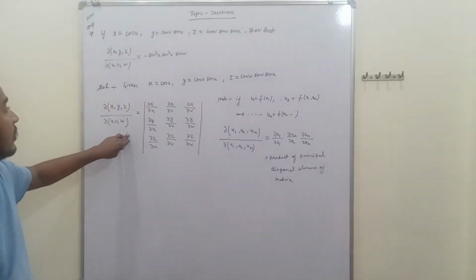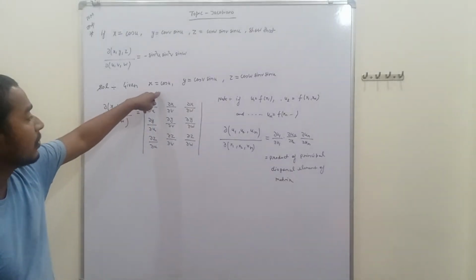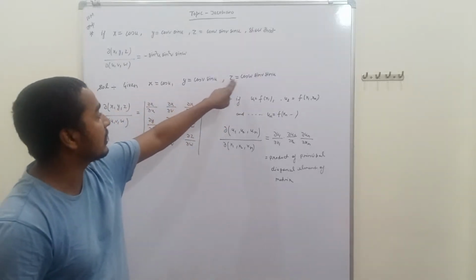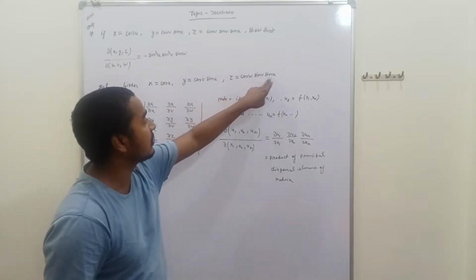From here, x is equal to cos u, y is equal to cos v sin u, and z is equal to cos w sin v sin u.